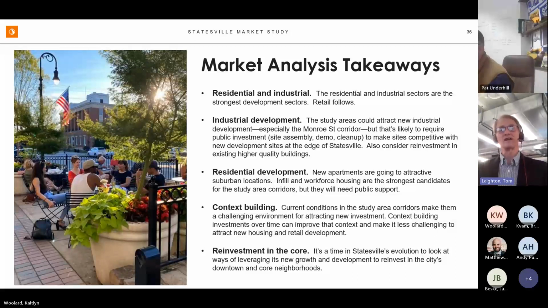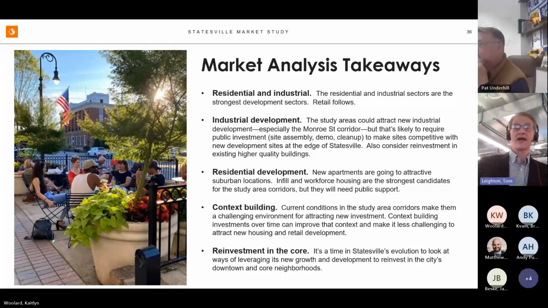And the last thing I wanted to say is that in the really big picture, you are at a time in your history where you are having renewed, external interest in development for the right reasons. And there are mechanisms for capturing some of that new developer interest and leveraging that to support reinvestment in the core.